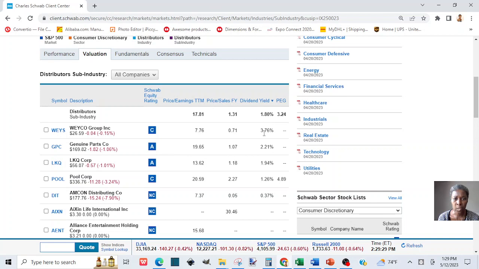Now that we have it sorted by highest dividend, we have one here that met our requirements, and that's Wesco Group Inc. So if you say 3% and up, that'll be the only one from here that you record on your spreadsheet.